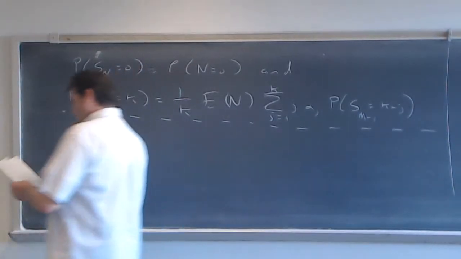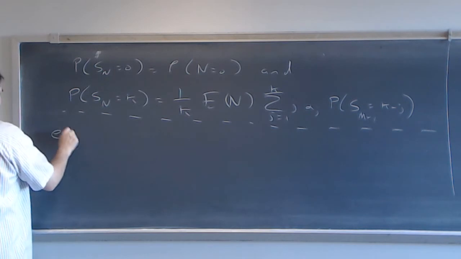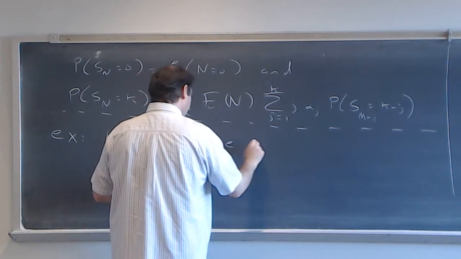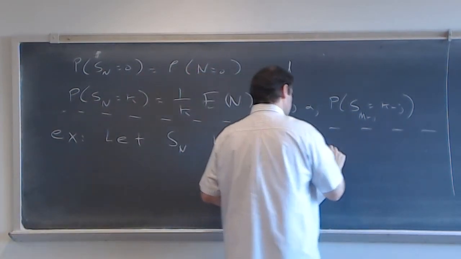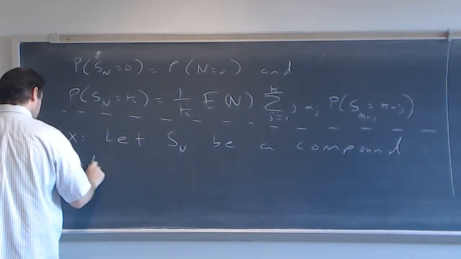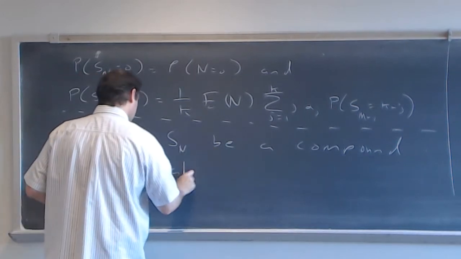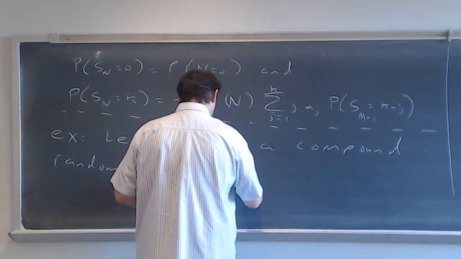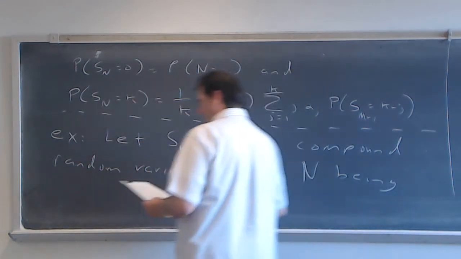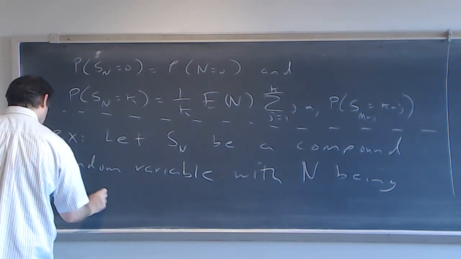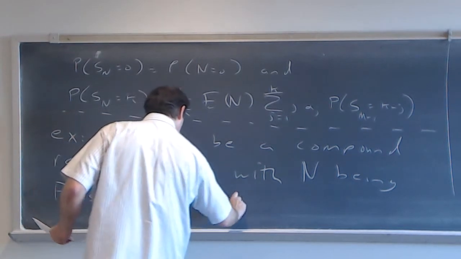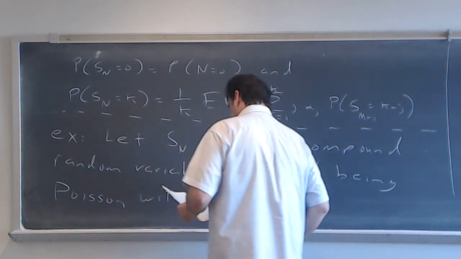As an example of this, let S_N be a compound random variable with N being Poisson with mean lambda equal to 4.